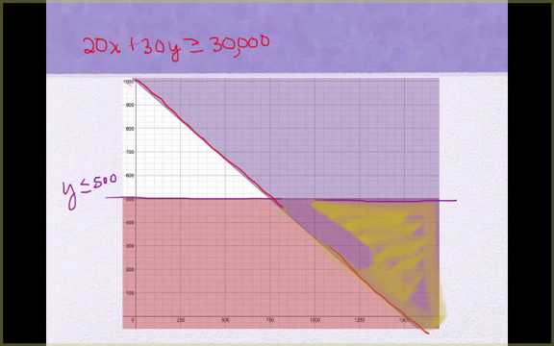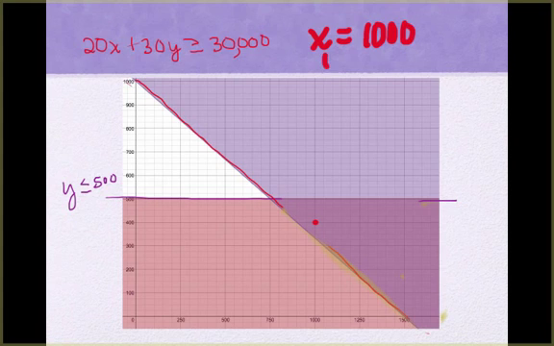So let's look in there now and find a point that's in that region. Right here is a point that falls within that region, and that is if we let X be 1,000 and let Y be 400. That is not the only solution.